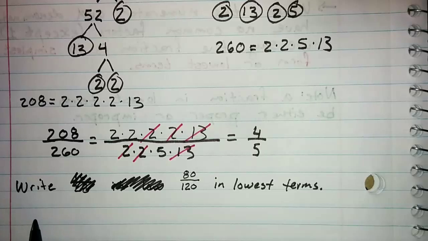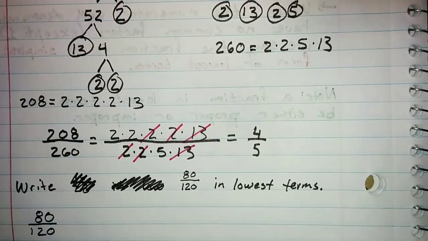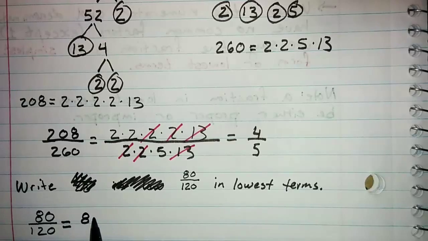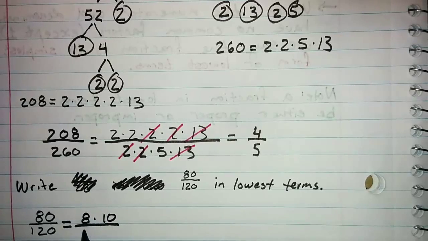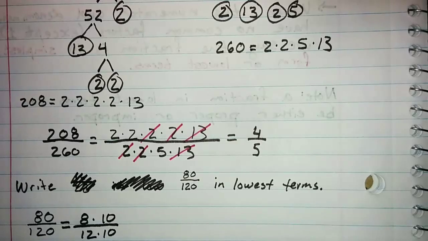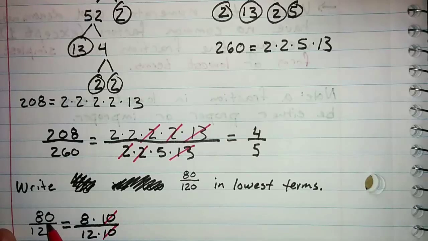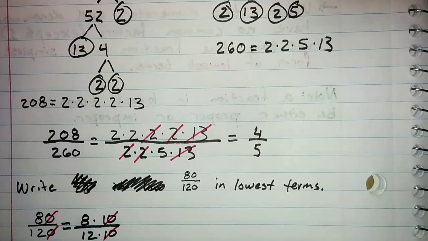Alright, the first thing I notice is that 80 over 120 is 8 times 10 over 12 times 10. So I can cancel the common factor of 10. In fact, I could have written that back here just by canceling the zeros at the end as a way of canceling a factor of 10.